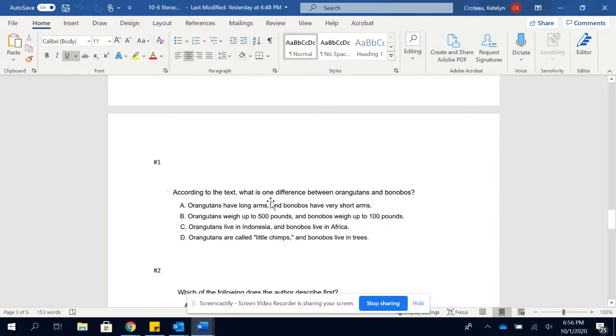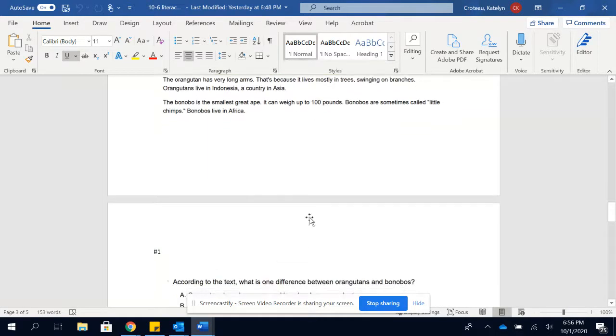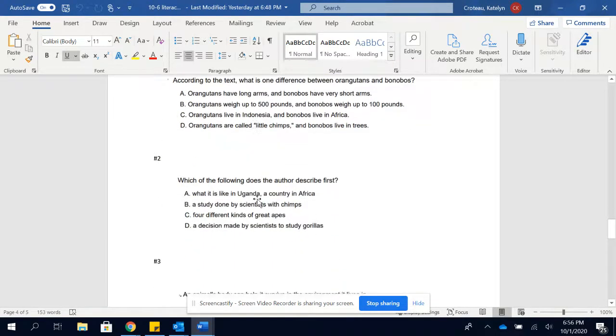Don't just go with your gut if you're not sure. C, orangutans live in Indonesia and bonobos live in Africa. And D, orangutans are called little chimps and bonobos live in trees. So which ones come from this story when they're talking about the difference between the two? And choose one right answer.